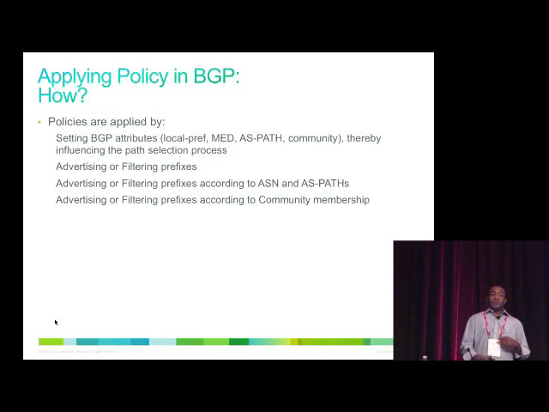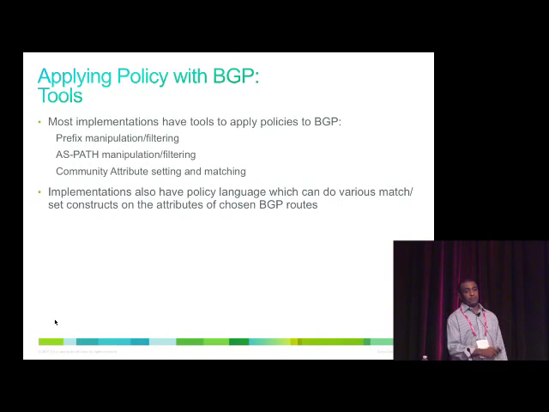Also, you can filter based on prefixes, based on community, based on AS paths. You can say if this update is coming through this AS, I don't want to receive this path, or I want to have less preference for that route, and so you can change the preference for that route. So it is by setting values as well as by filtering based on different attributes. So the BGP attributes are useful from that perspective.